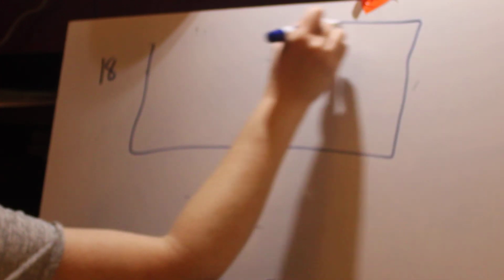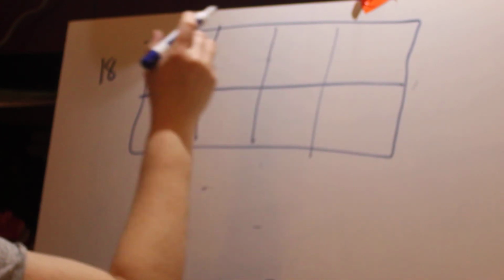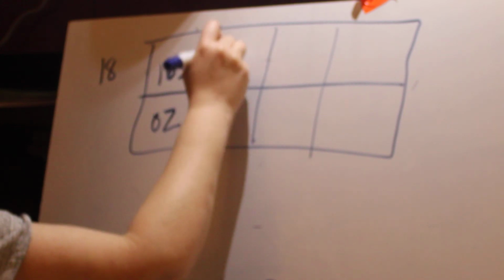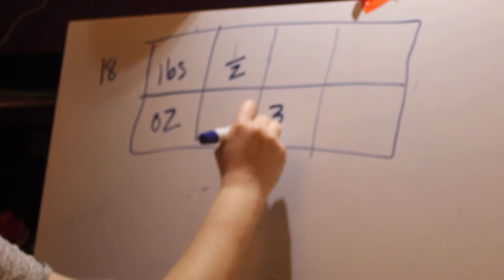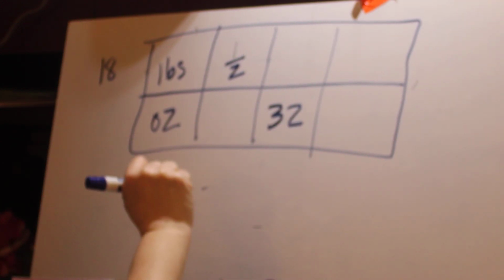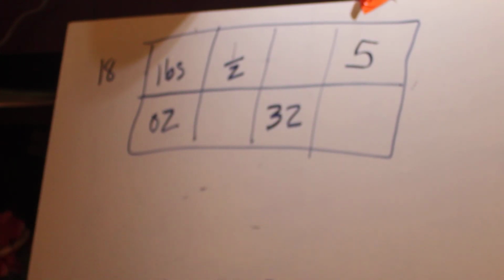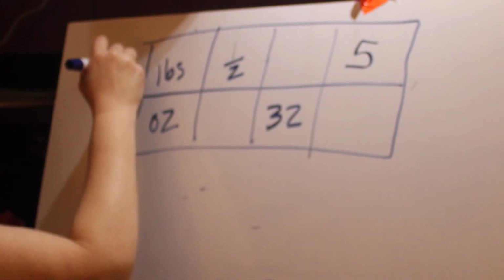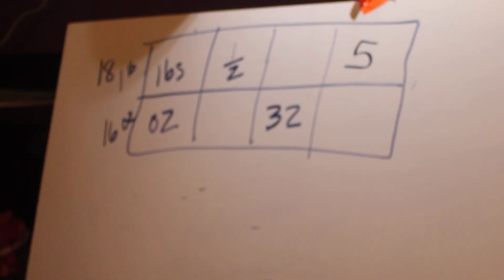So 18 was a chart you had to fill out. They had pounds here, ounces here. You knew that this was a half pound. You knew that this was 32, and you knew that this was 5. So how do you fill in all these other boxes? Well, if I have 1 pound, I know I have 16 ounces, right?